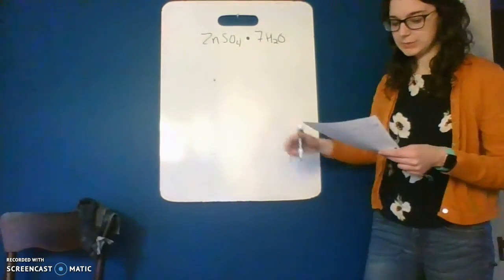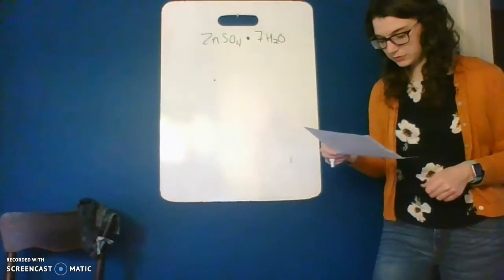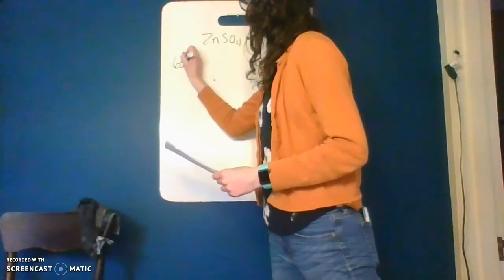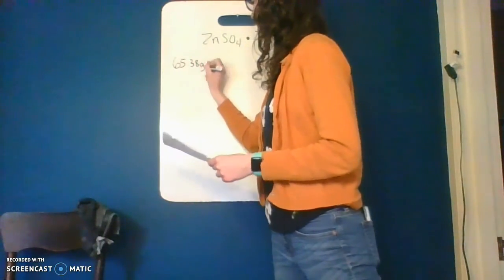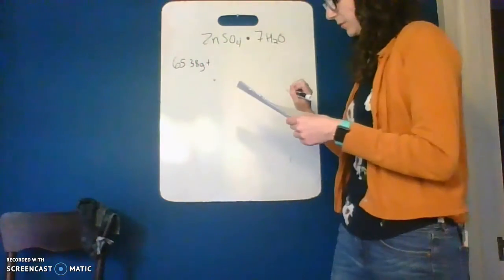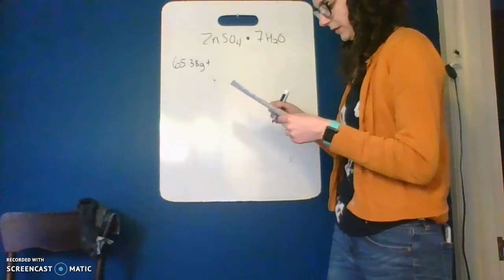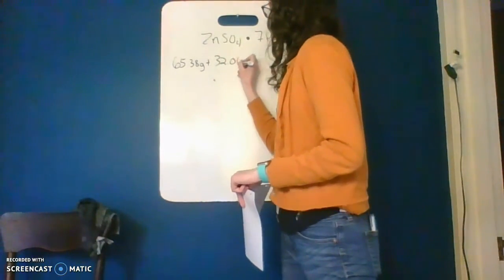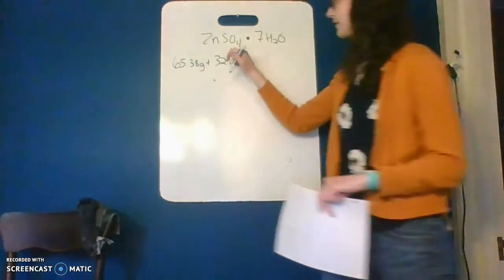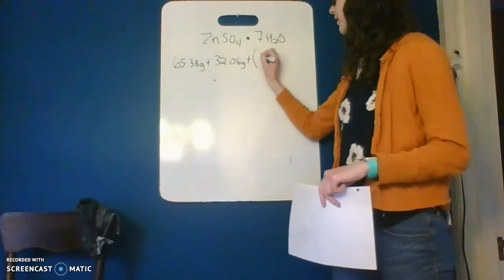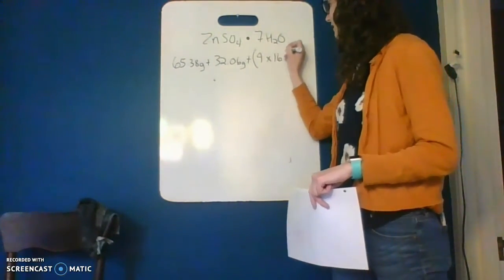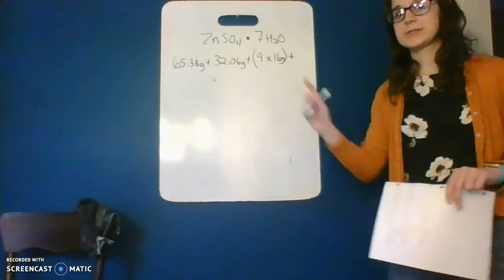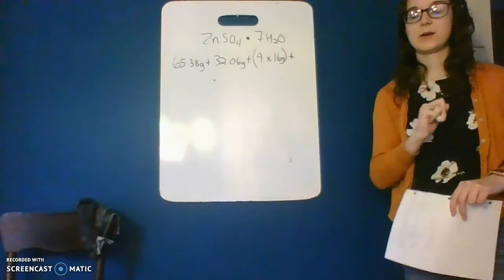So I take the molar mass of zinc, which is 65.38, plus sulfur, which is 32.06, plus 4 times the molar mass of oxygen, which is 16, plus 7 times the molar mass of water.